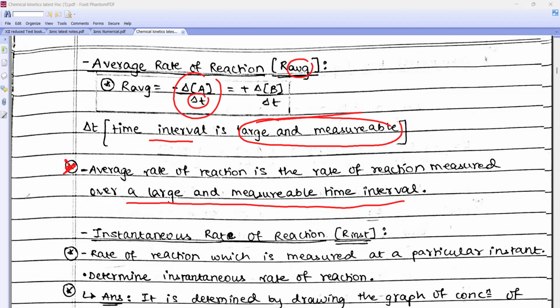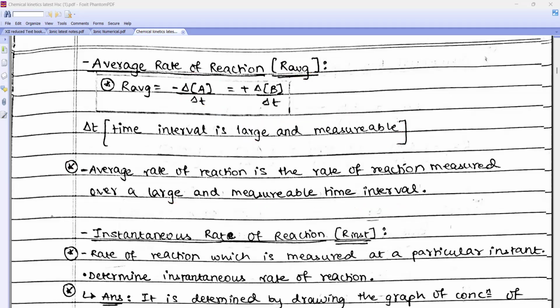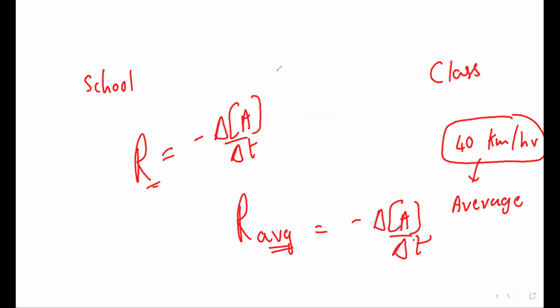Okay. Now, suppose you are coming from your home to class. Here, how much was the time interval? Can you see this time interval was large, na beta? Now suppose, beta, if I ask what was your speed at this particular point, and at this point, and at this point?